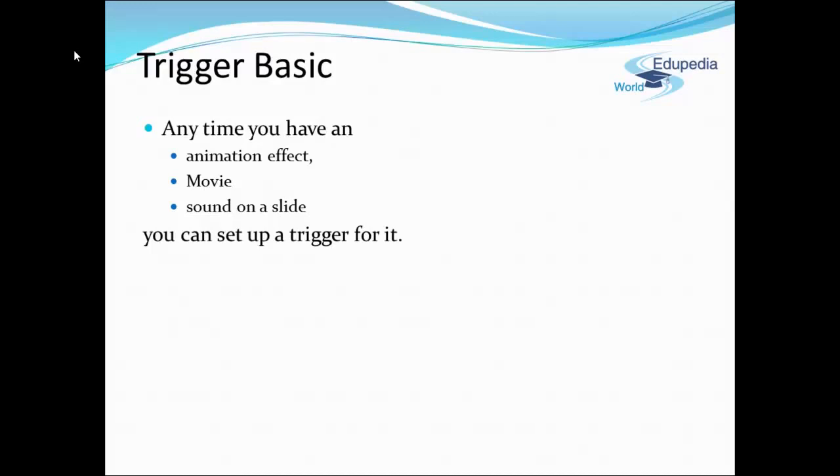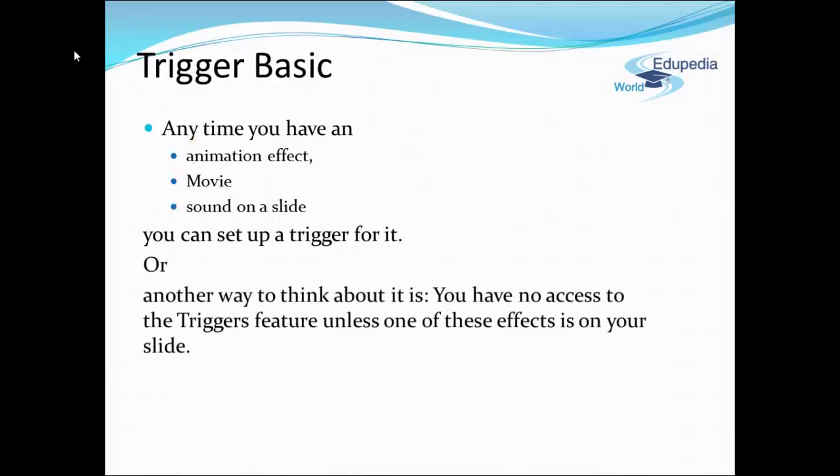It means that suppose you have an animation in your slide, or you have a movie or a sound effect on the slide, then with the help of the trigger you can set up a trigger with these three effects: animation, movie, and sound. Another way to think about a trigger is that you have no access to the trigger feature unless one of these effects is there on your slide.